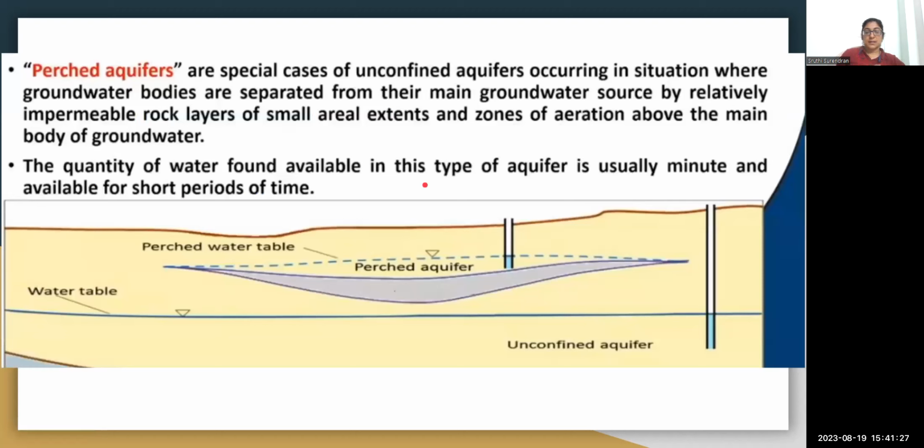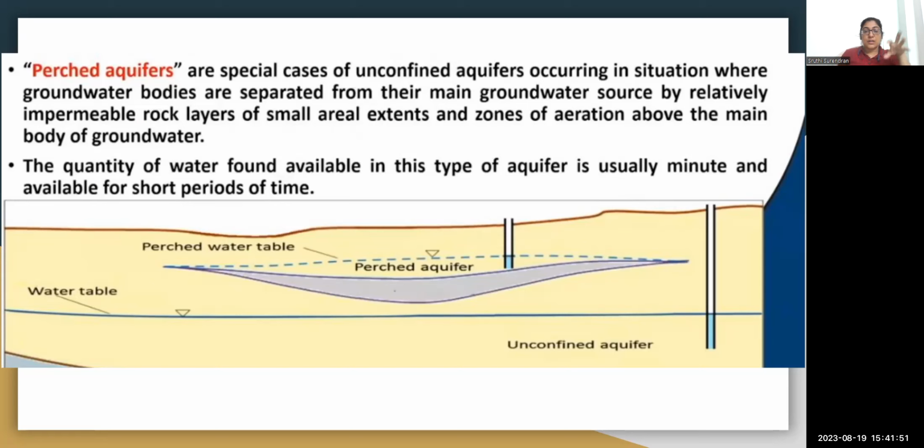Perched aquifers are aquifers that are formed generally above the water table. What is happening is one small impermeable formation will be there above the water table, as a result of which, when a precipitation event occurs, water will infiltrate and accumulate in this impermeable formation instead of going down to the unconfined aquifer.